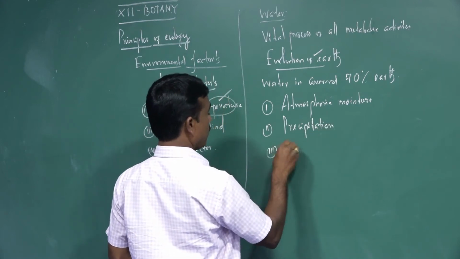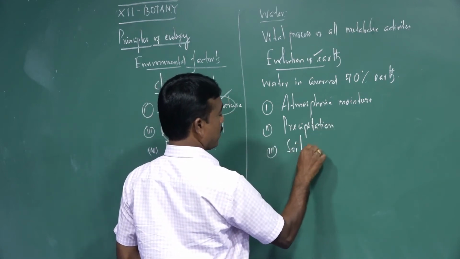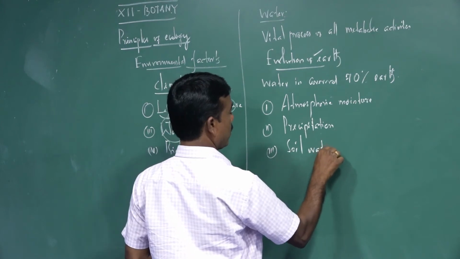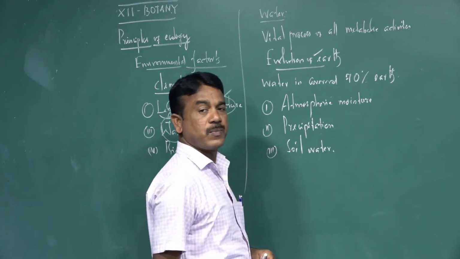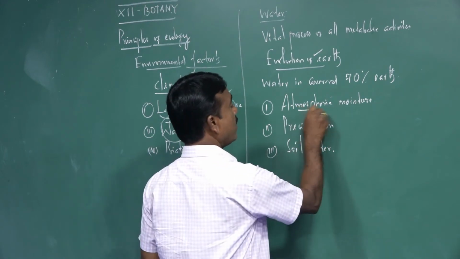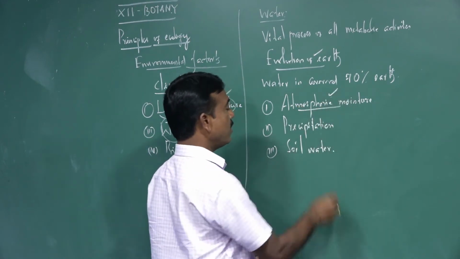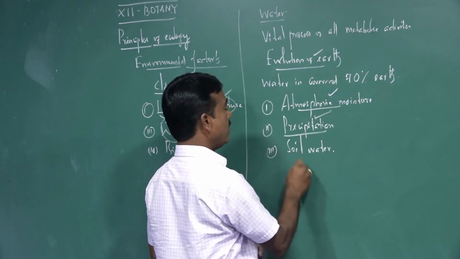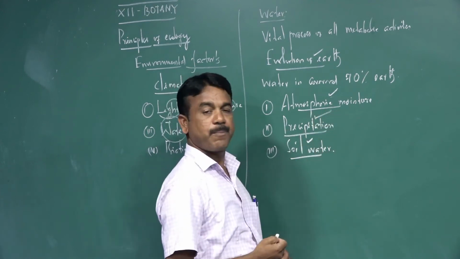Third, soil water. So plants obtain water in three ways: atmospheric moisture, precipitation, and soil water.